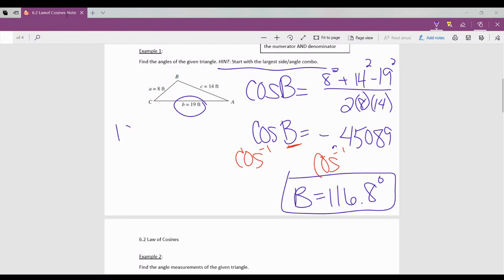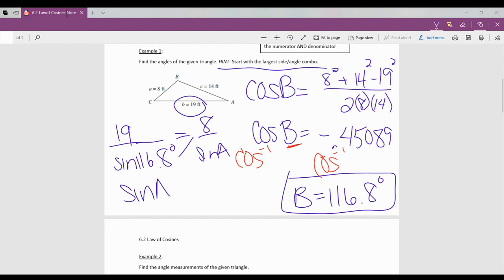So 19 over sine of the pair that matches with it, 116.8, equals, and now I want to go to the smallest side, 8 over sine of A. Just be careful and make sure you're using the correct trig form when you're switching. We did cosine at first, now we're into sine. So we cross multiply: 8 sine of 116.8 divided by 19, and I get sine of A is equal to 0.3758.